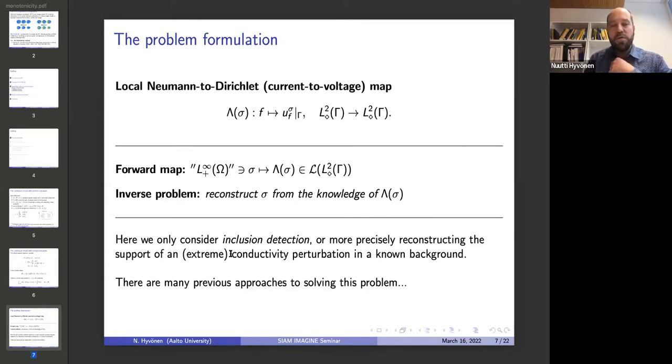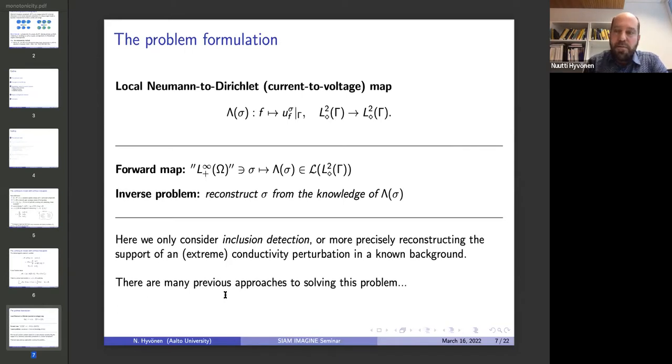However, I won't consider this general reconstruction or uniqueness problem, but I'm only interested in inclusion detection, as I have mentioned. So I would like to be able to locate conductivity perturbations that may be extreme or even Muckenhoupt weights from a known background. By trying to list methods for this task, I would do a disservice to many people, because by listing some, I would forget to list others.